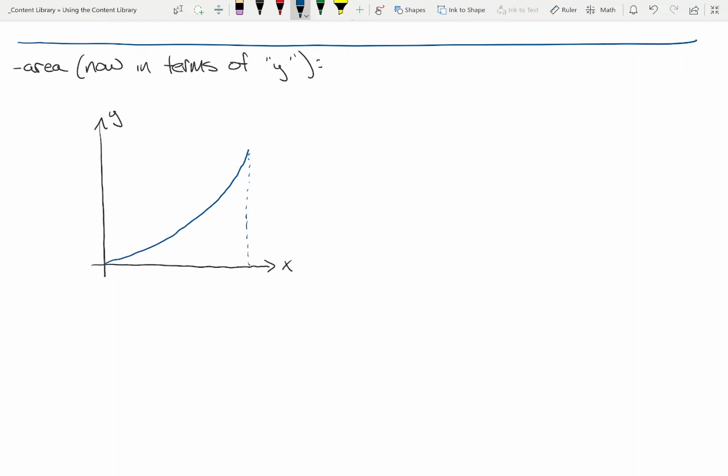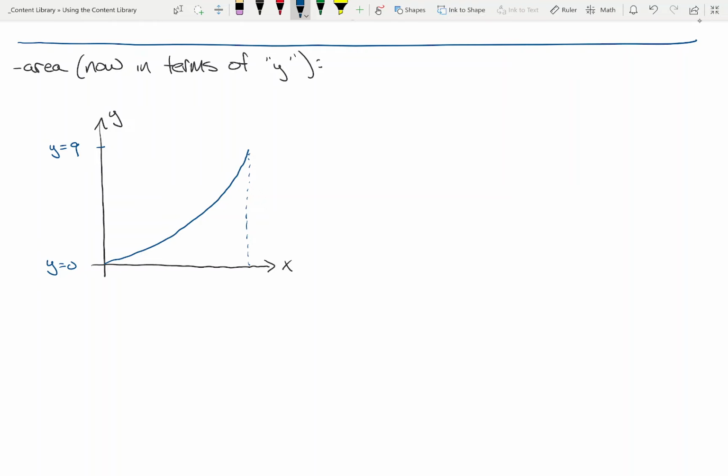Before, we integrated this region from x equals 0 to x equals 3. Now I want to look at it in terms of y, so we're going to go from y equals 0 to y equals 9. By the way, you can probably start to see why I wrote the integrals that way, because I'm going to write them now in terms of y.